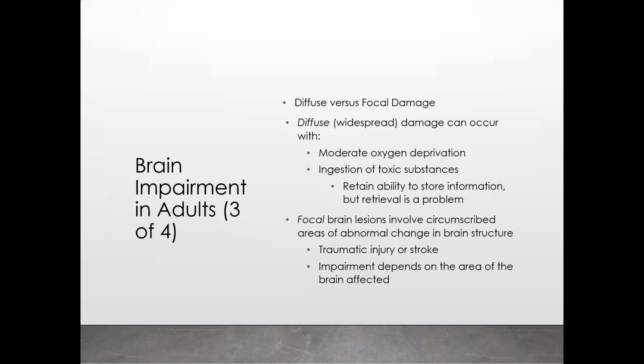Other times, we talk about focal brain lesions, which involve just certain areas of the brain structure being changed. Sometimes we might see this through a traumatic injury. Think about Phineas Gage when that rod went through his eye and up through his brain. That would be an example of a traumatic injury. Or of course, a stroke can be another example of when we might see focal damage to the brain.